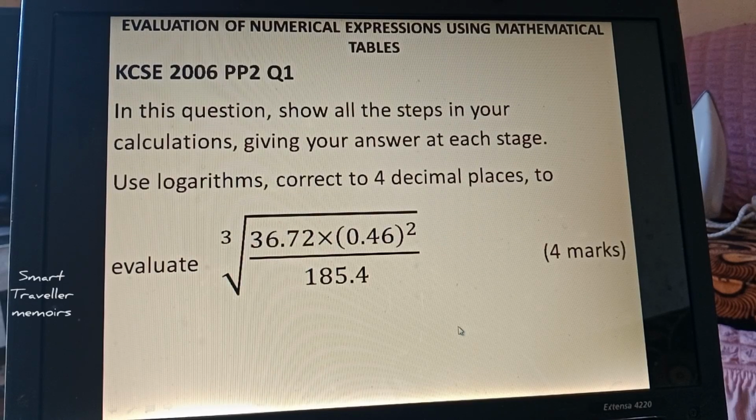Now, guys, here we come. In 2006, question 1 of paper 2 was: evaluate using mathematical tables.